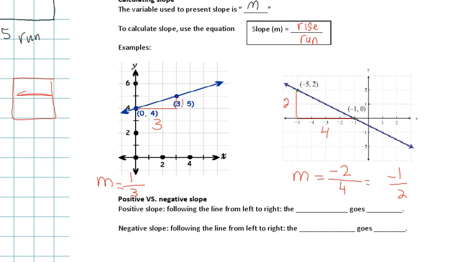So you have to simplify it to -1/2. Whenever we have something like this, we always have to reduce it. What can you divide both numbers by? By 2. So 2 divided by 2 is 1. 4 divided by 2 is 2. This is how you reduce.